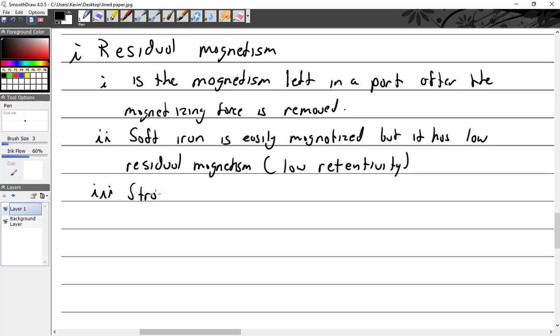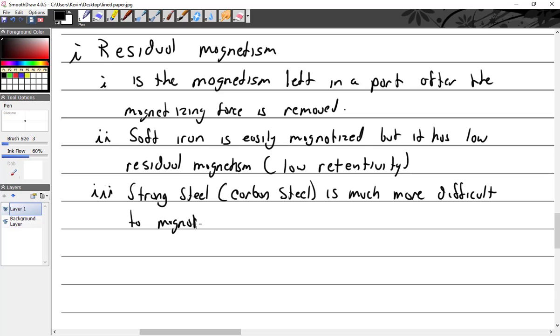Strong steel, or strong iron, if I want to keep it the same way, strong steel and iron, same thing, such as carbon steel, is much more difficult to magnetize, but has high residual magnetism.